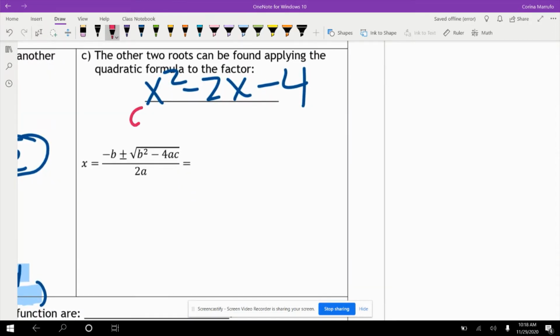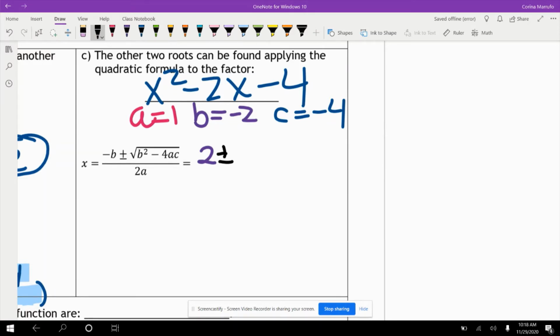So based off of this, we identify our A. Our A is 1. We identify our B. Our B is negative 2. And we identify our C. C is negative 4. So here we have B equals negative 2. So if B is already negative, then we're going to have a positive 2. Okay.